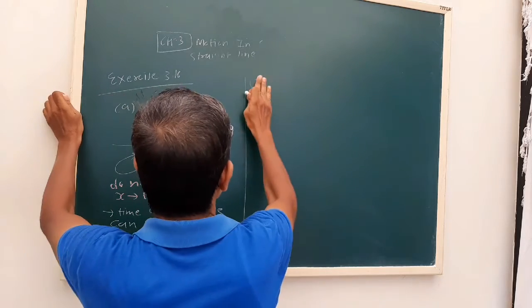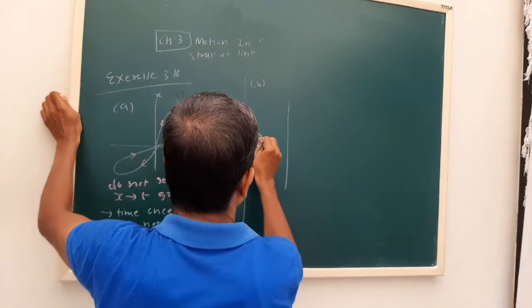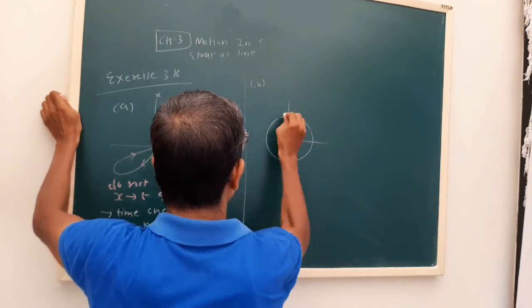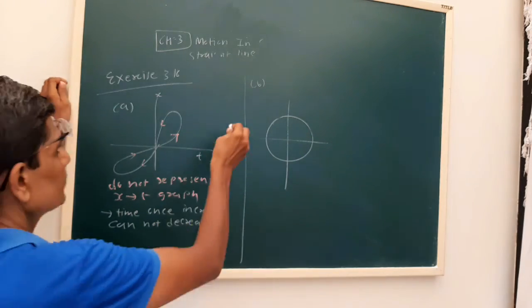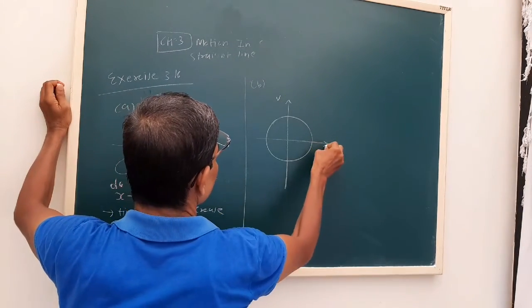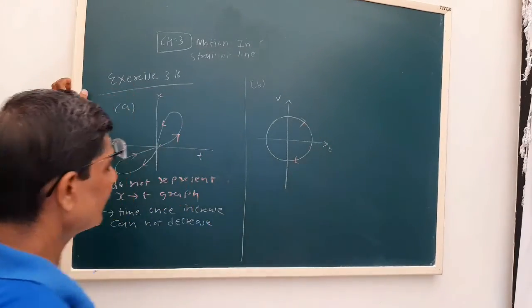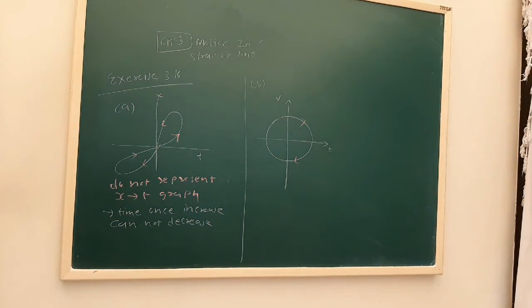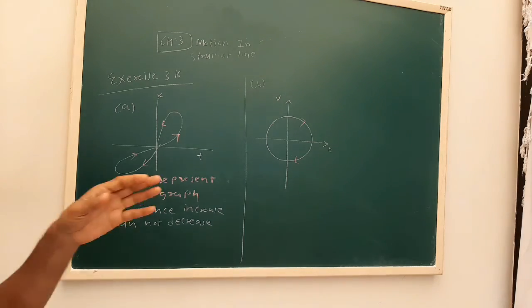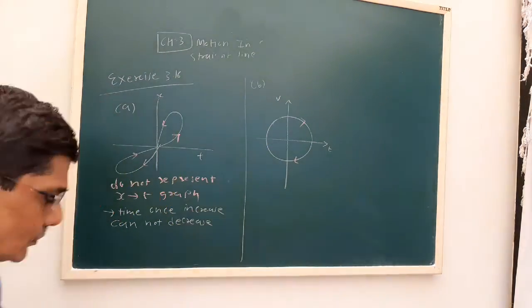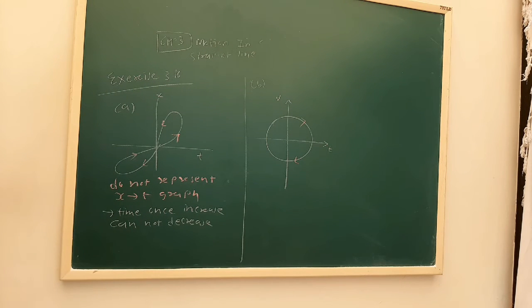See, the second graph, the graph is like this. See, this is V versus T graph. Now this also does not represent a V versus T graph. Why? Because again, once the time increases, it cannot decrease.